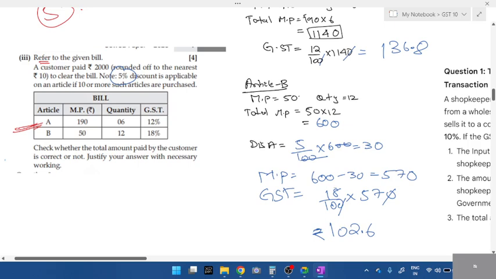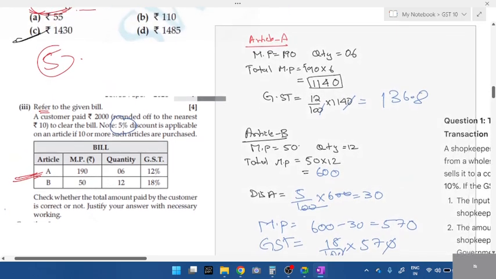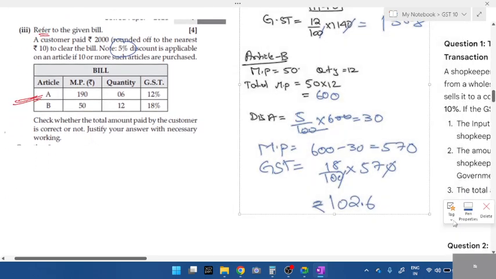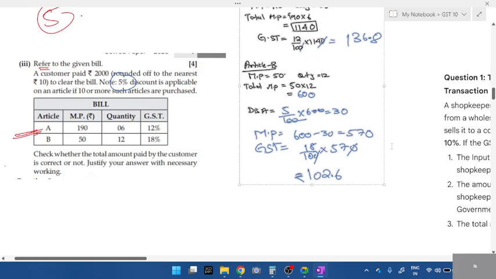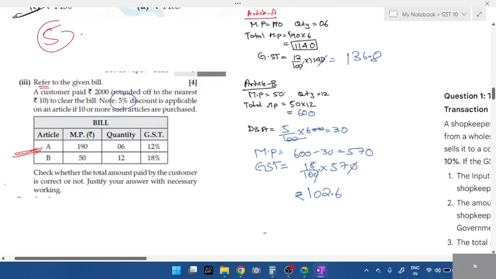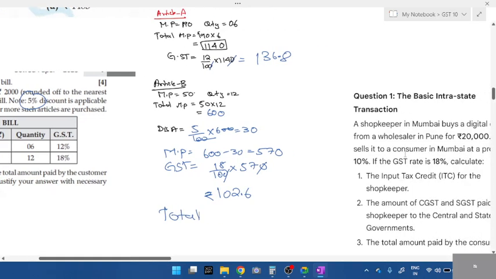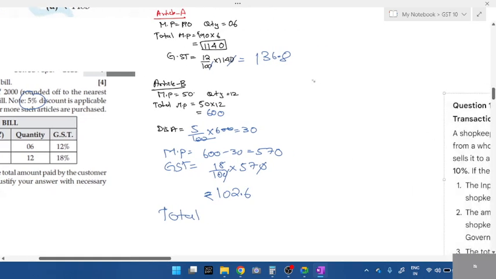Calculate the total bill. Angel, are you solving? Anya, Angel? Completed? Okay, find the total amount. Check whether the total amount paid is 2000 or not, students. Read what is the last statement given. Till here, did you all complete? What is the total for Article A, students? For Article A, the total amount is 1140 plus.